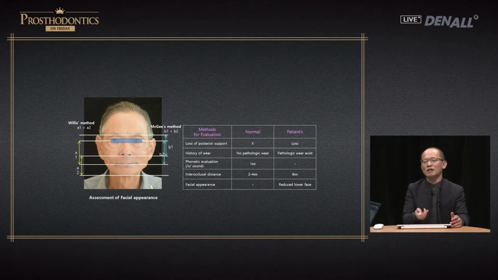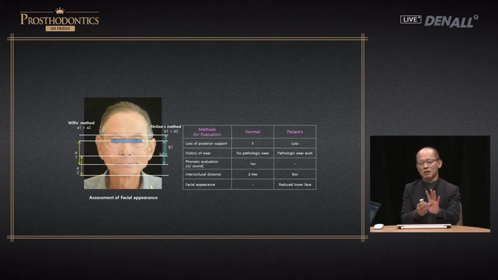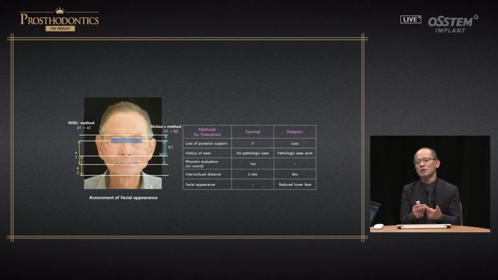Rather than treating it from the perspective of evaluating what is normal or not, what I would like to say is this: first, aesthetics, how much VD is needed aesthetically, and secondly, the VD needs to be comfortable for the patient. If you focus on the two, it will be good. How much of an increase?